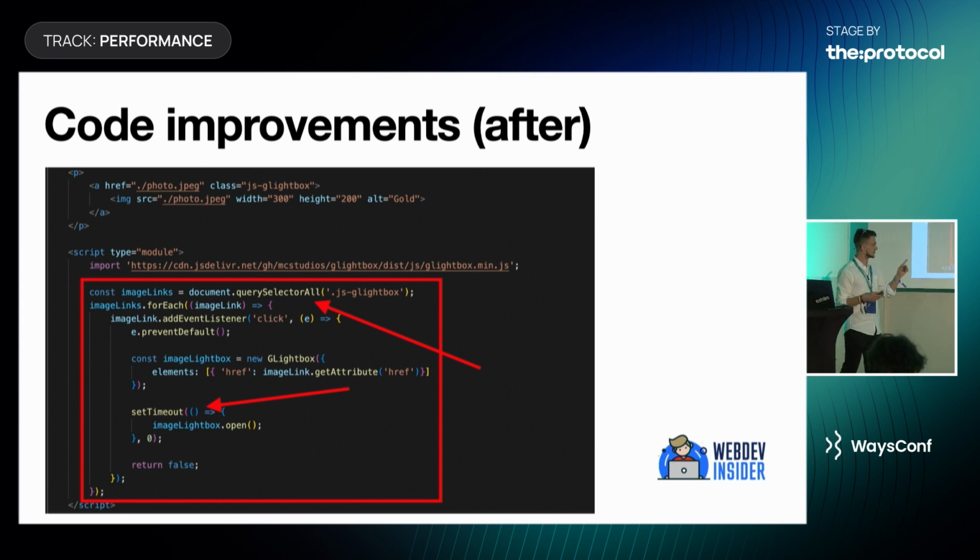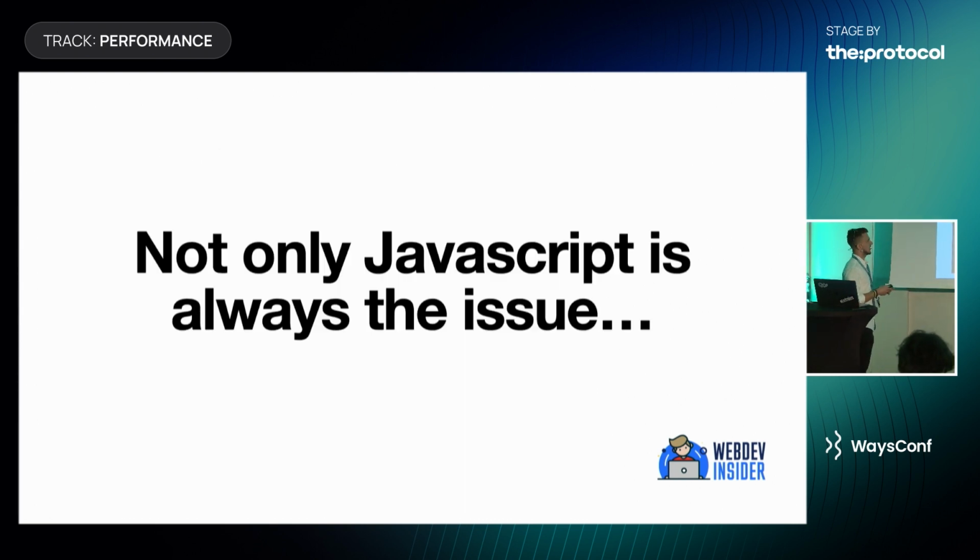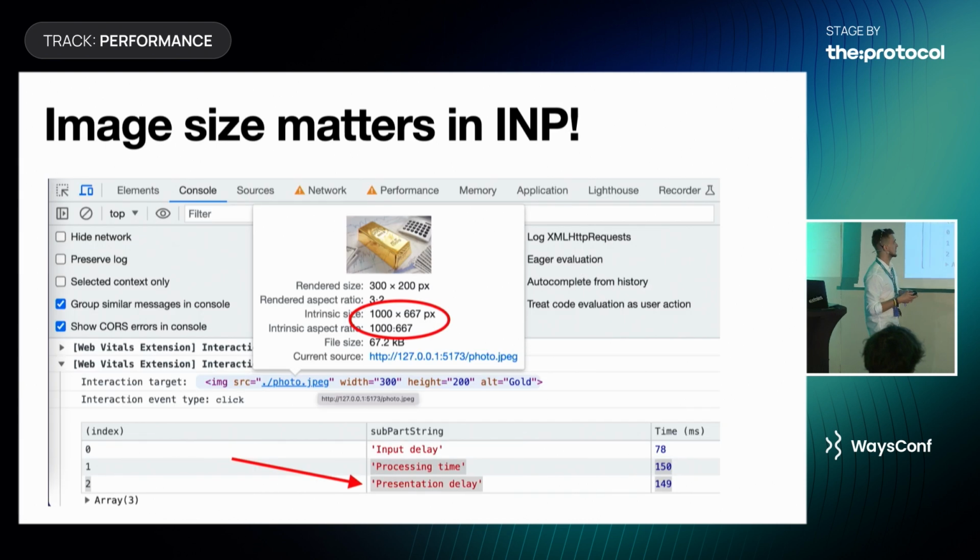That setTimeout function helps the browser decide when this particular JavaScript function should be executed in the right order, and when the main thread is not that busy. And that's it.